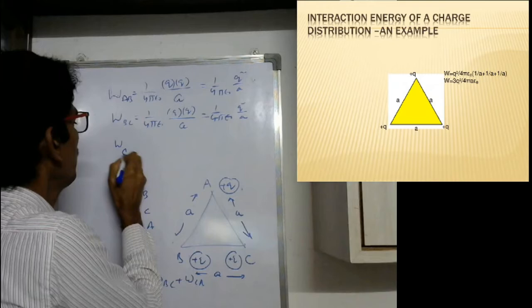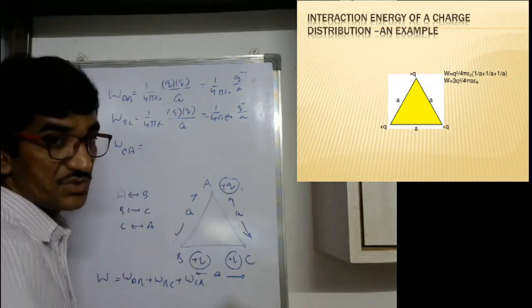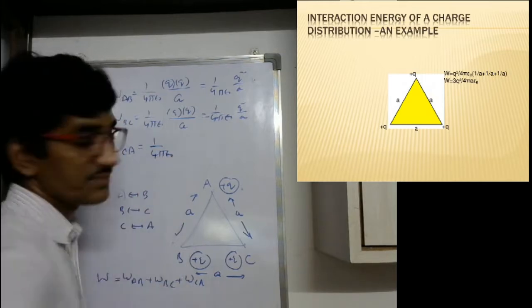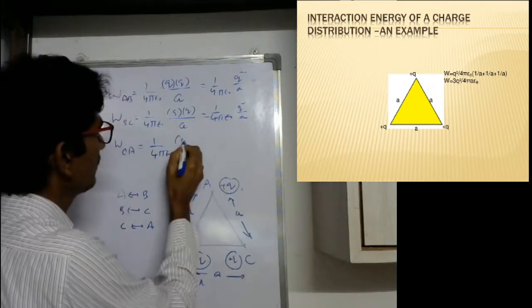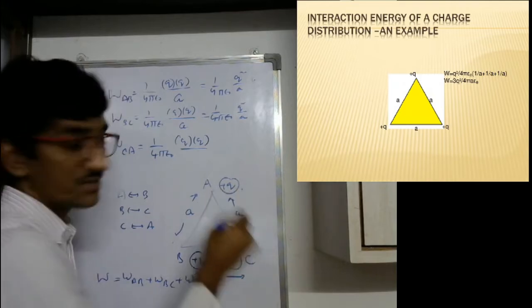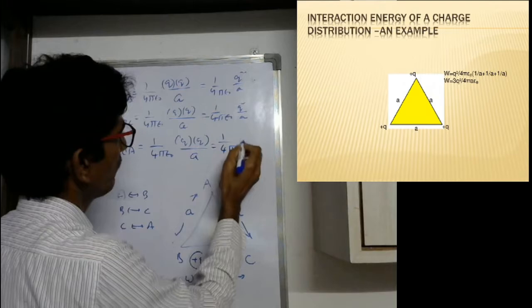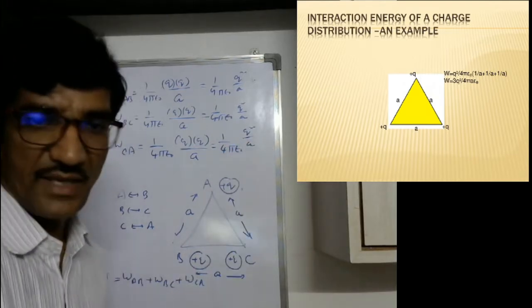Next, WCA: we are considering these two charges of the system, q1 and q2, that is q and q, and the distance is again the same, so again you have 1 by 4 pi epsilon naught q square by a.